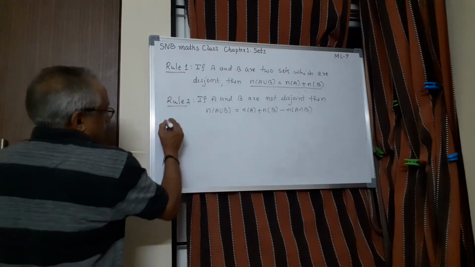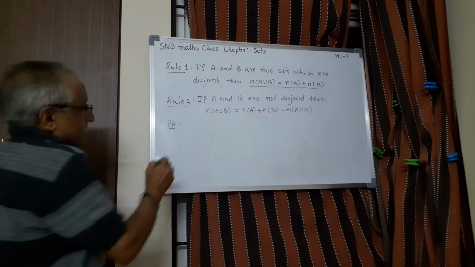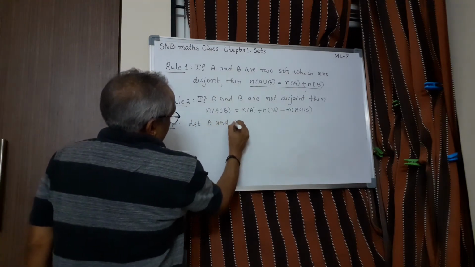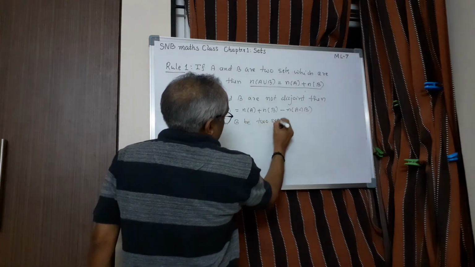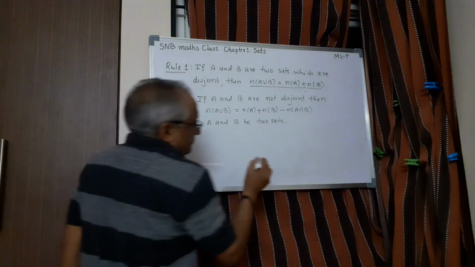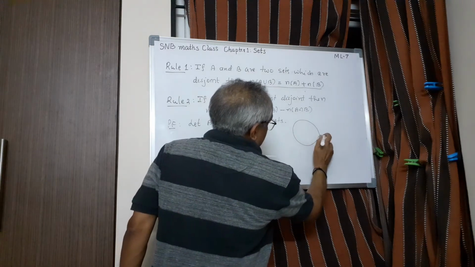For this, the proof can be given like this. Let A and B be two sets. Now let us draw the diagram so that it is convenient.